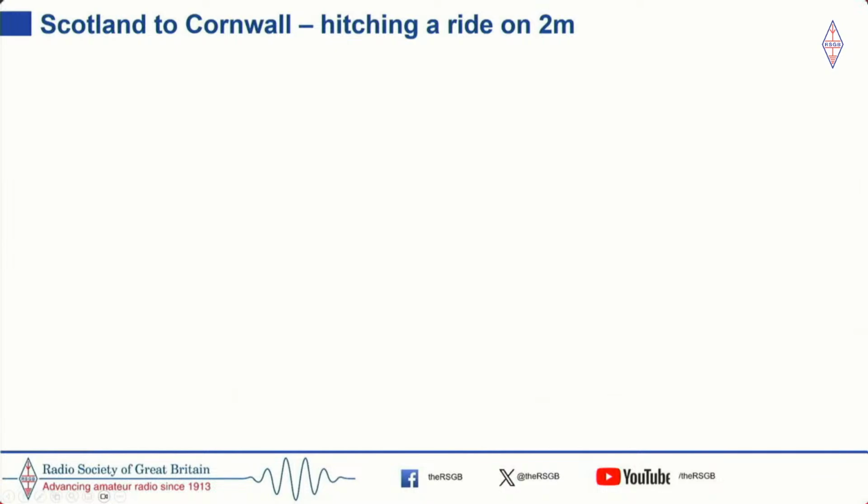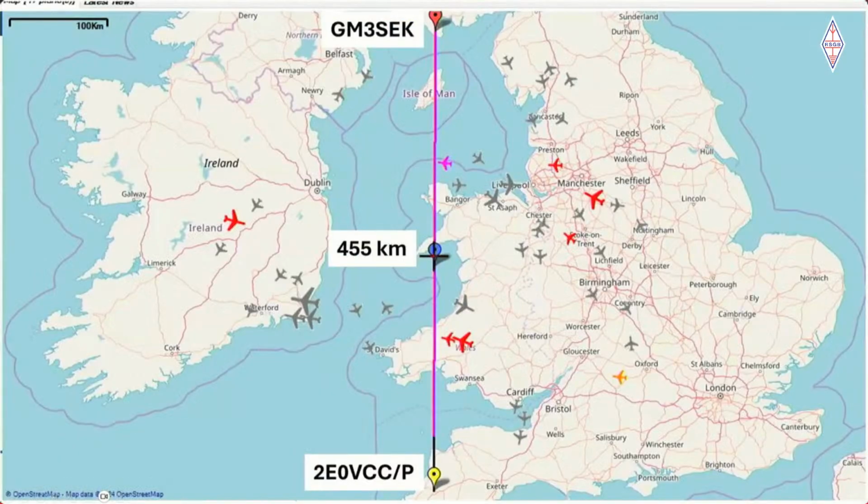Right, let's have a listen to some. This is Scotland to Cornwall on 2 meters. This is me at the north end of the Irish Sea, not in a particularly high location. I can't quite see the sea, but the antennas just can. Down at the bottom here is Darrell 2E0 VCC portable on Bodmin Moor in Cornwall.